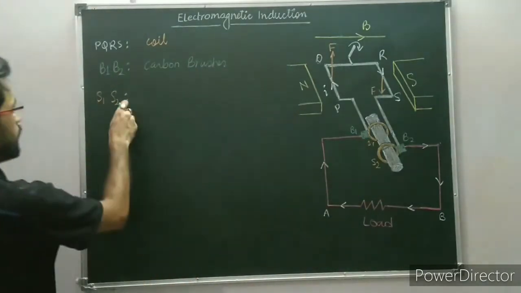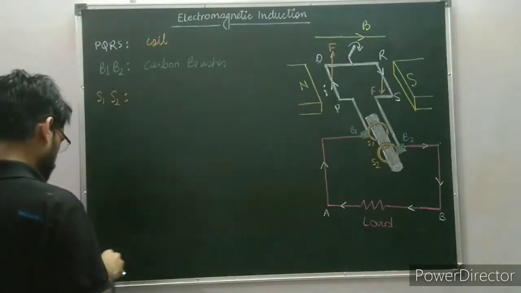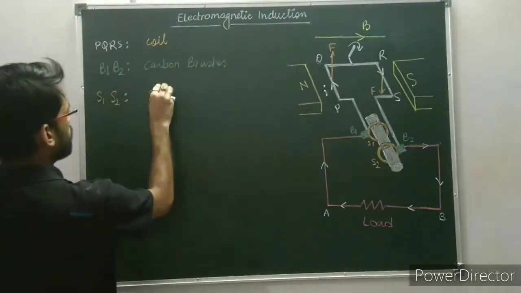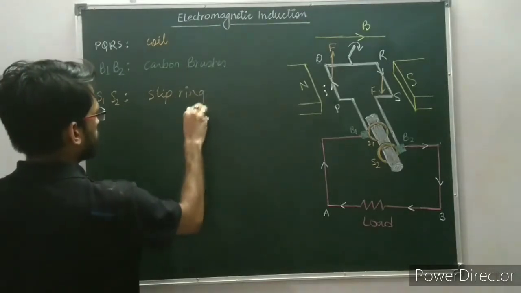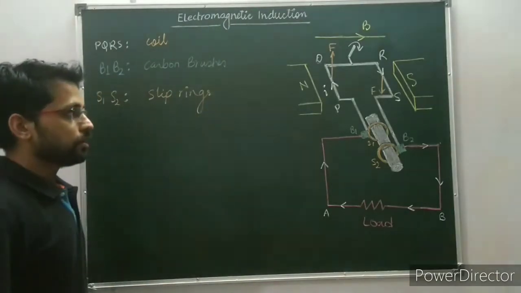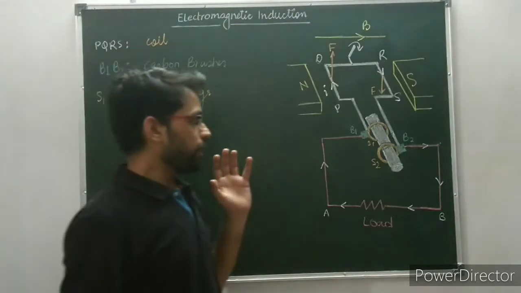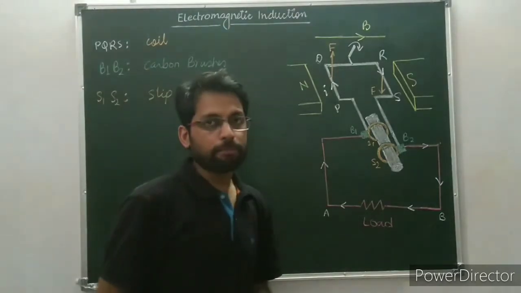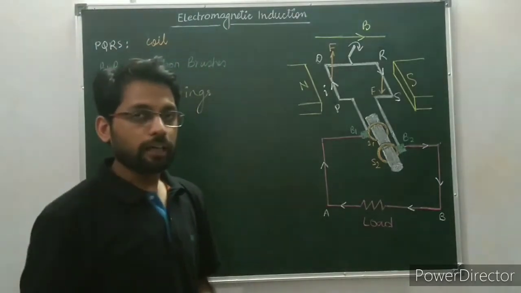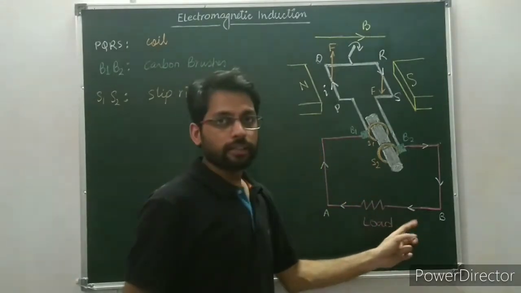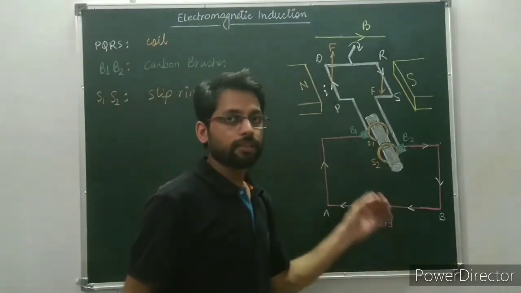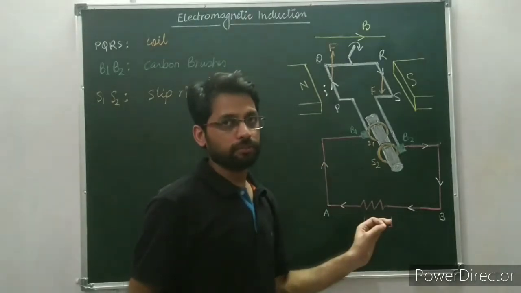The important function of the slip rings is to change the direction of current across the load after every half rotation.